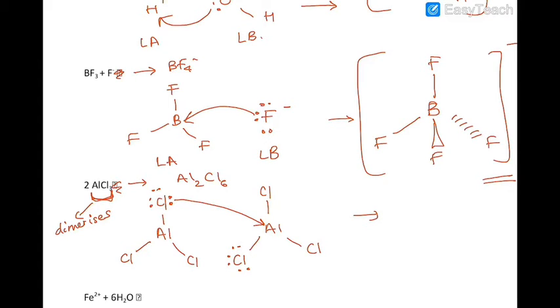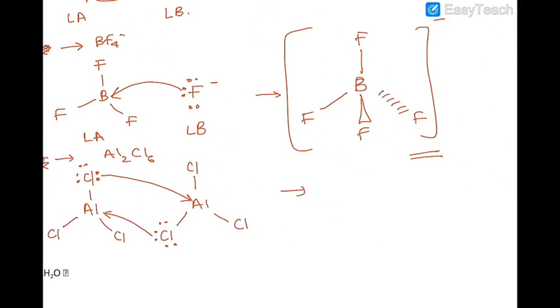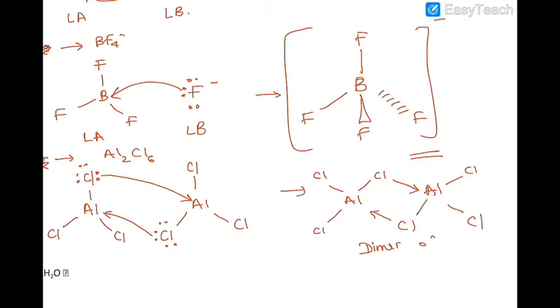Aluminium has vacant orbitals. Here again, the Cl can donate to this aluminium. So you are going to have a dimer of AlCl3. I'm drawing it like this: the Cl gives to the Al and this Cl gives to the other Al. So here you have the dimer of AlCl3.